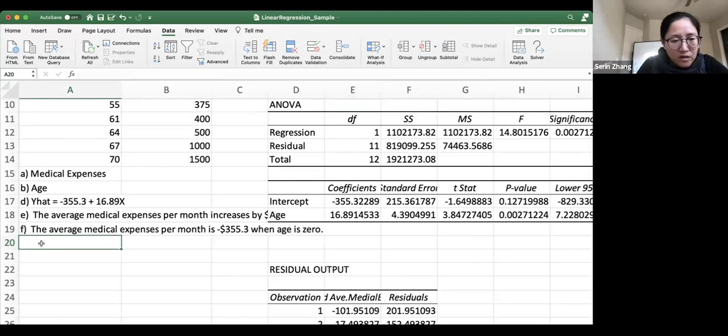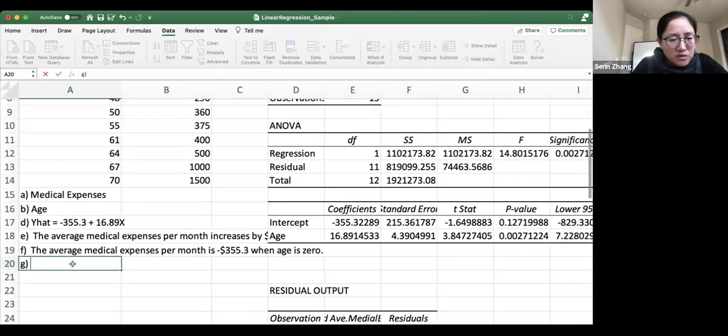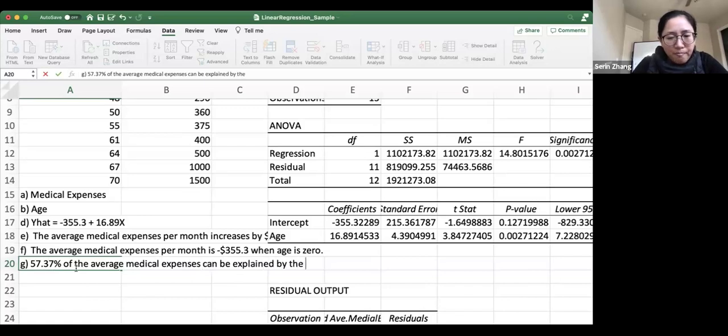So that's part G. The percentage of the Y values, the average medical expenses, 57.37% of the average medical expenses can be explained by the X value, by the ages, by the model we get from the sample.